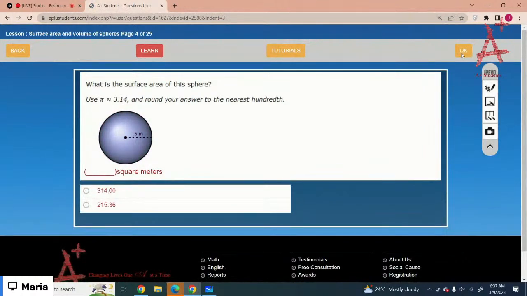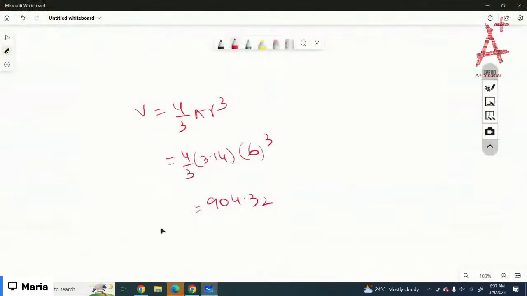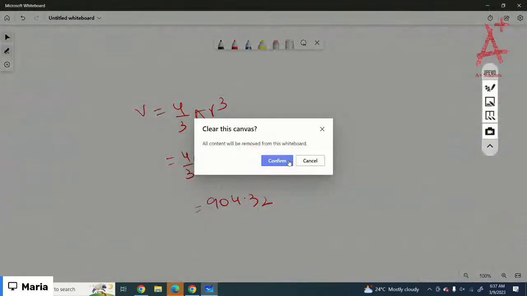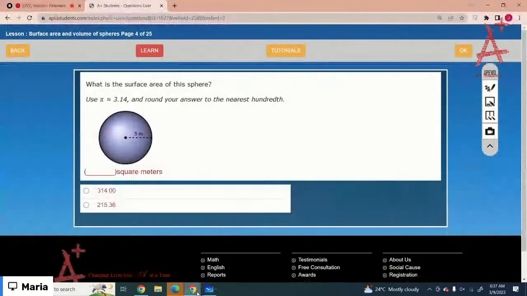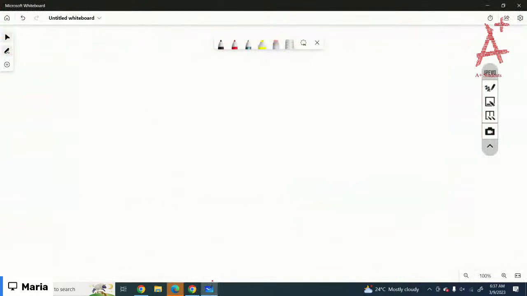Okay, what is the surface area of the sphere? The radius is 5 meters.